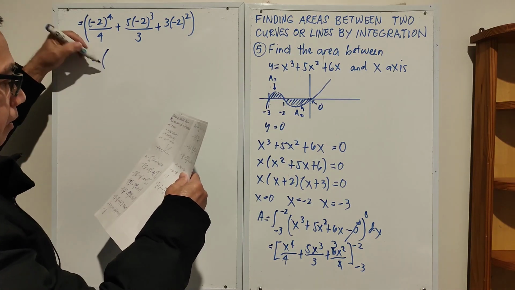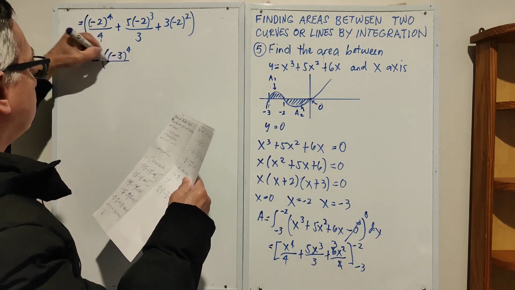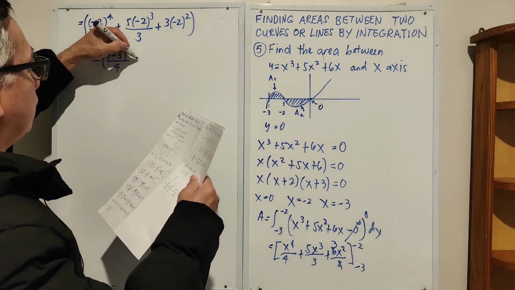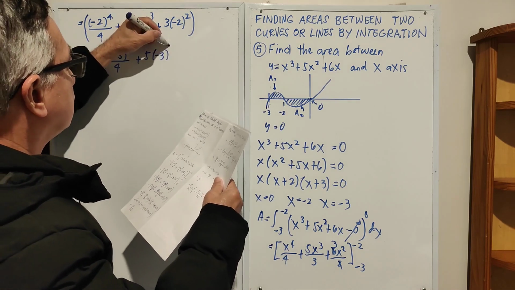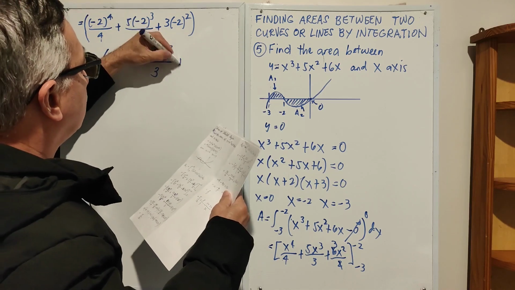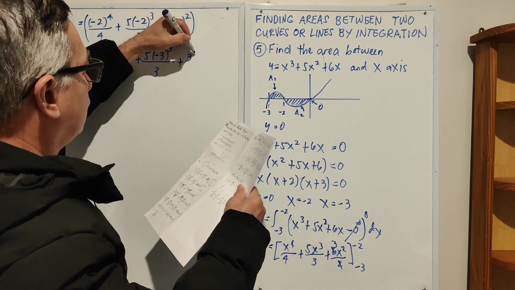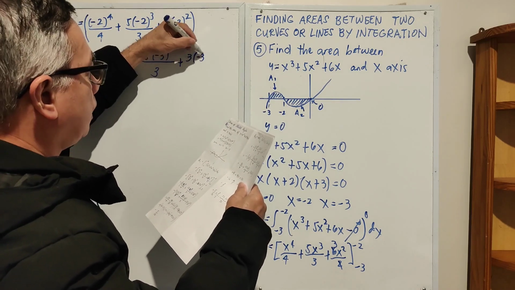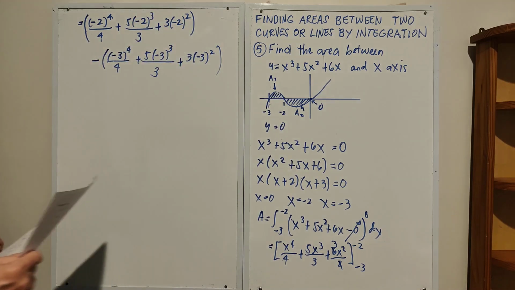So that would be negative 3 raised to the 4th over 4 plus 5 times negative 3 raised to the 3rd over 3 plus 3 times negative 3 squared. So all of this minus all of this.